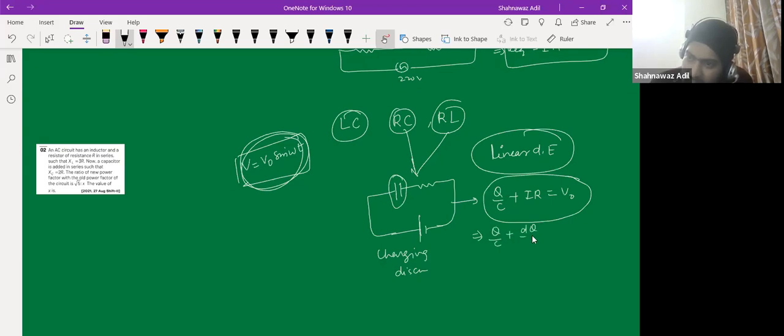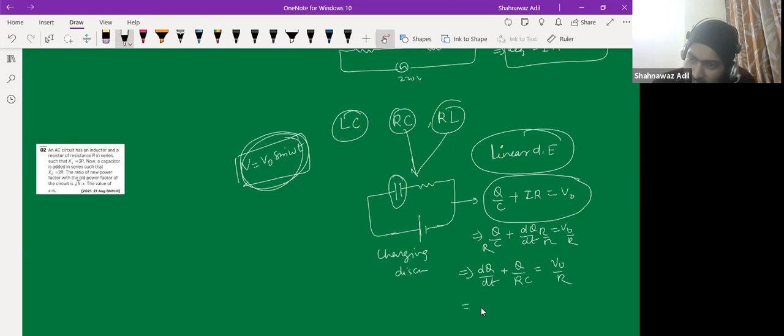So dq by dt times R, and then we divide by R throughout. So we will get Q by RC, and then we would get V naught by R.